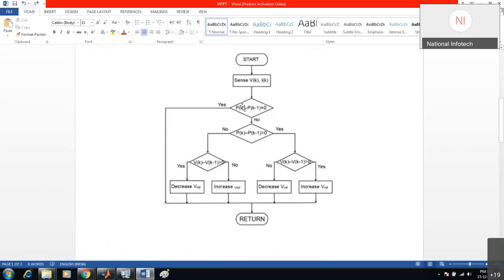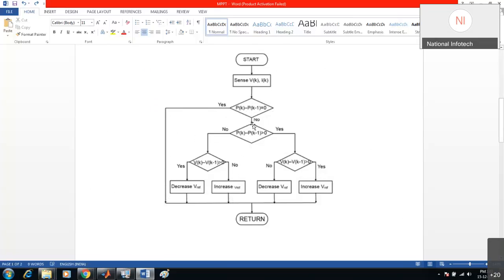The difference of the power, delta P, is calculated: the power at the latest instant and the power at the previous instant. If that condition is satisfied, then it will end the process.